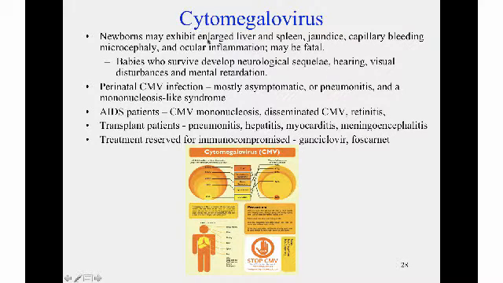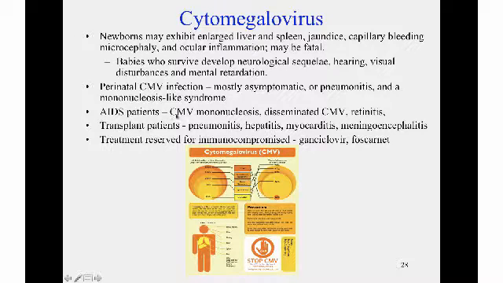So in newborns, they may exhibit enlarged liver and spleen, jaundice, capillary bleeding, microcephaly, and ocular inflammation, and this may be fatal. Usually babies who survive this will develop neurological sequelae or long-term effects, and also hearing and visual disturbances, and mental retardation. If it's a perinatal CMV infection, it is mostly asymptomatic, or a lung infection and a mono-like syndrome.